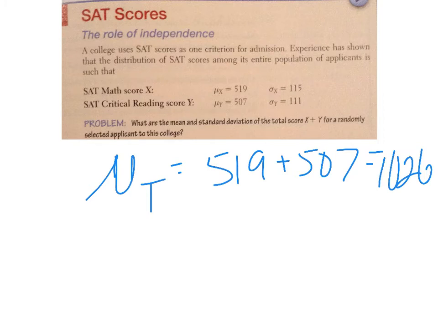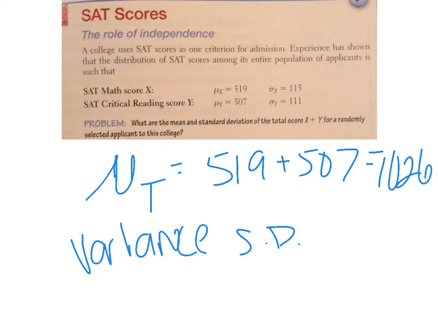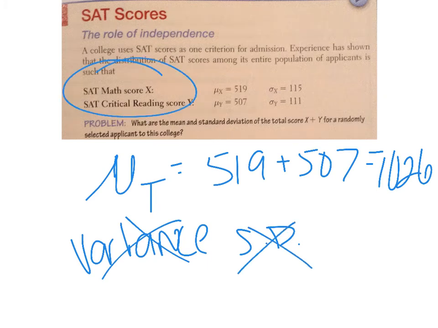I cannot do variance or standard deviation here though, because my math and reading scores are not independent of one another. It would make sense that if they score higher in one, they probably score higher than most in the other one as well. These two are usually linked, not independent events, and therefore I cannot calculate variance and standard deviation for these.